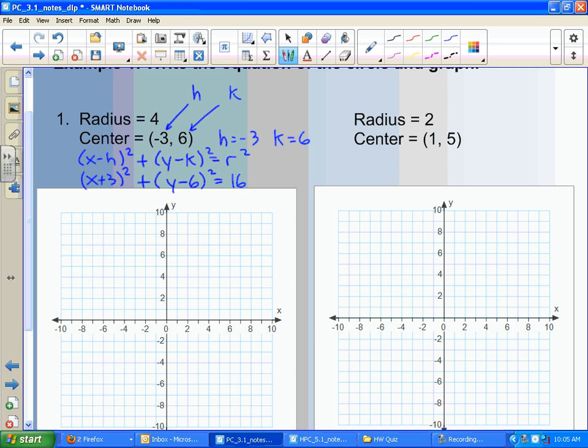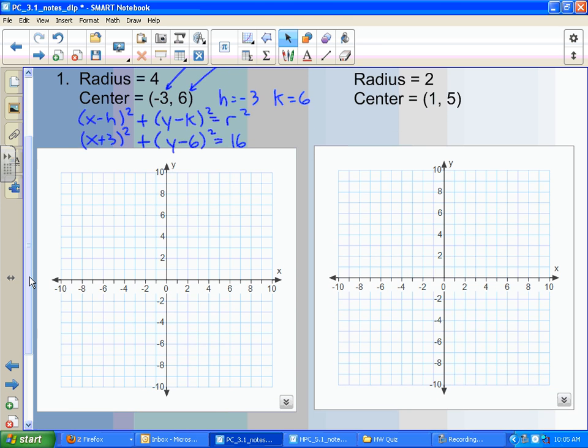All right, let's see what it looks like. Hopefully it's a circle. How do you draw these things? Well, first you go to your center point, which in this case is -3, 6. We go over to -3 and up 6 and put a point. There's our point.